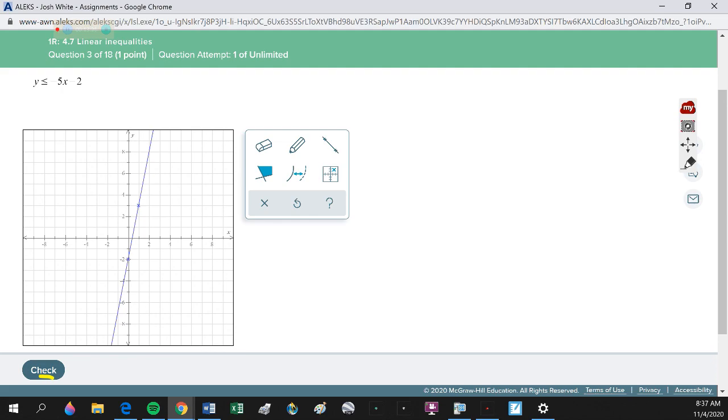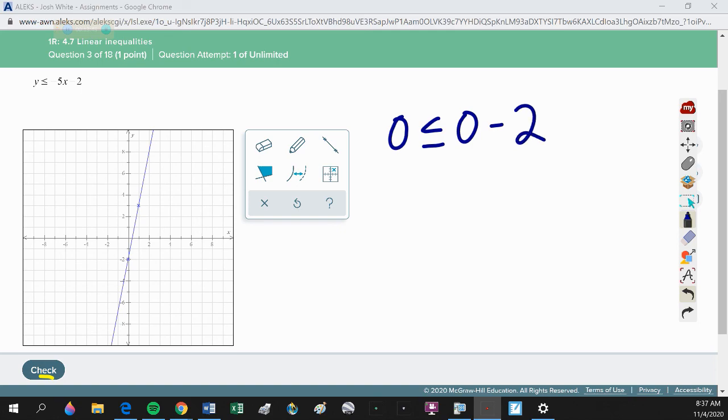So 0, 0. Is 0 smaller than 0 minus 2? So is 0 smaller than 0 minus 2? Yes or no? No. It's saying, is 0 smaller than negative 2?